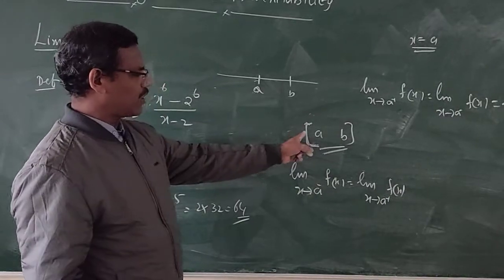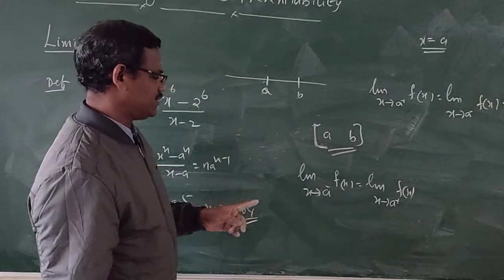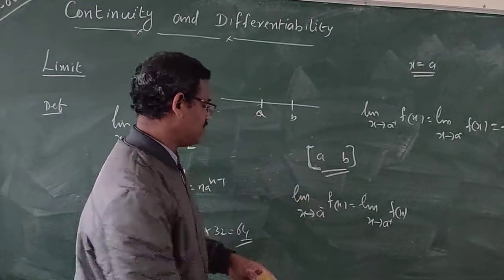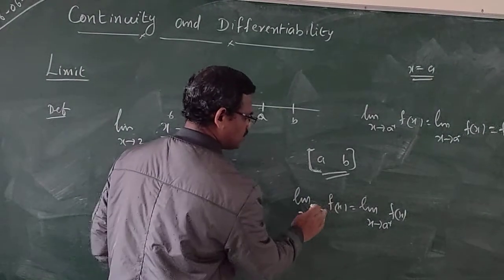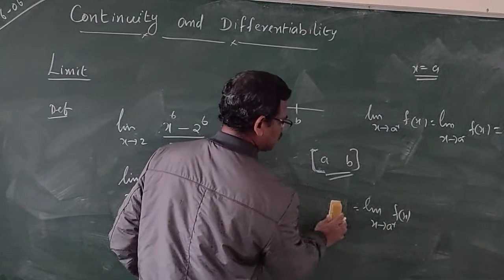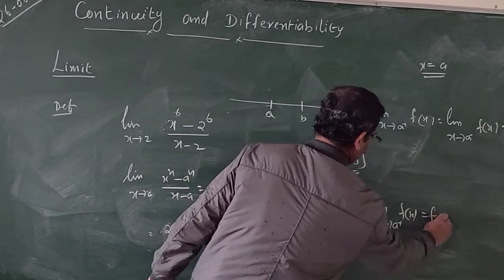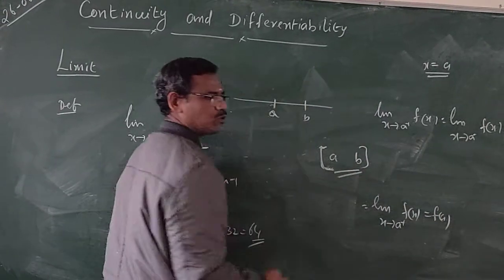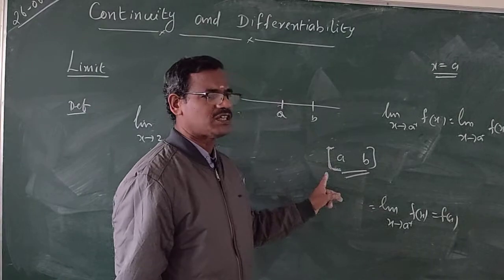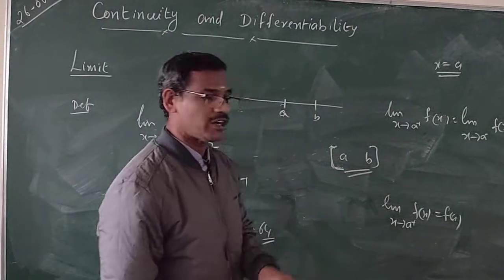So if a closed interval is given like this, then what we have to check is the limit x tending to a plus. So there you need not think about this question. There you have to check that this should be equal to f of a. Now I suppose you understood the thing. If I take a minus, that is not a point of this interval. Therefore, that portion is not required to be checked.